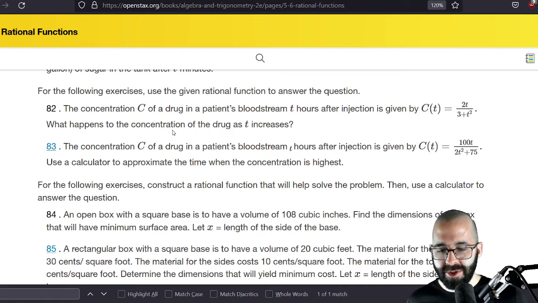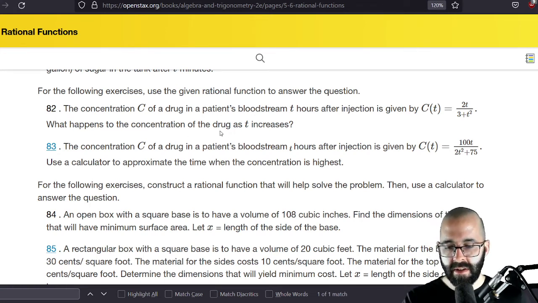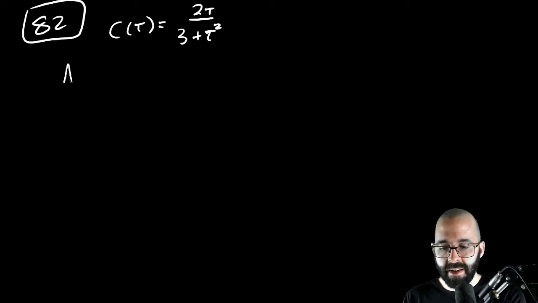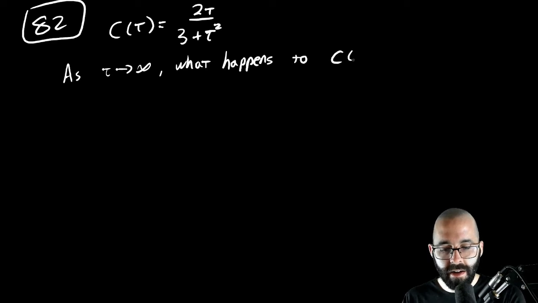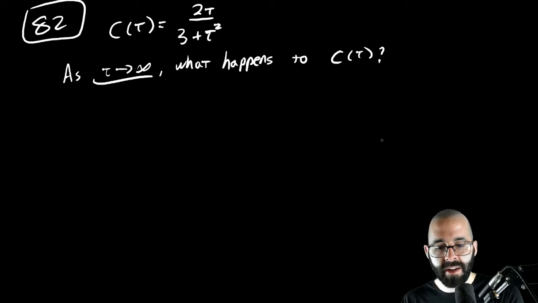What happens to the concentration of the drug as time goes on? So as T gets bigger, as T increases and increases, what happens to C? That's what it's asking. As time goes on, what happens to the concentration?